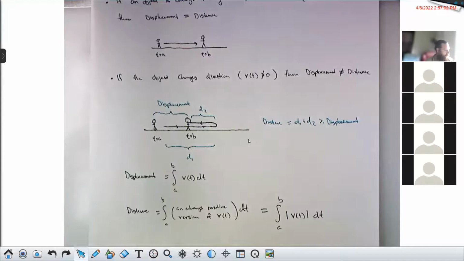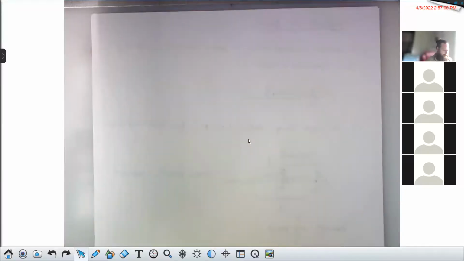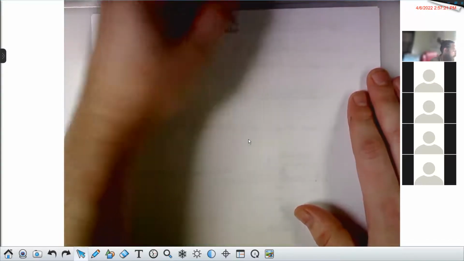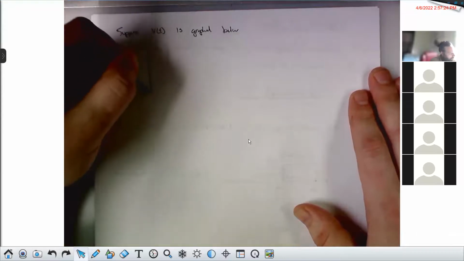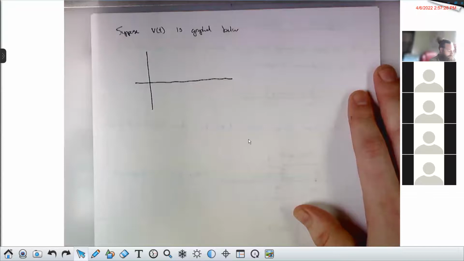Let's look at an example. Sorry, we said we'd look at a general picture of a graph. So here is a graph of some velocity function.